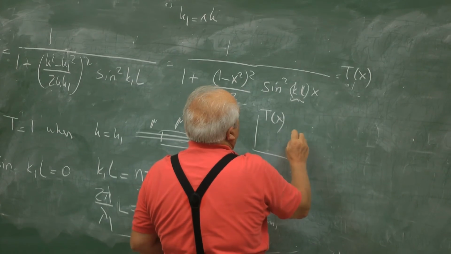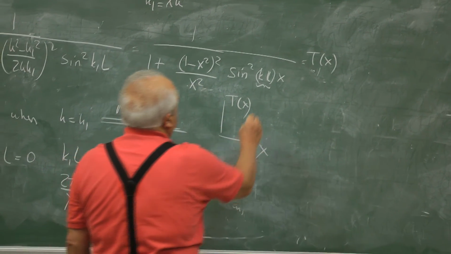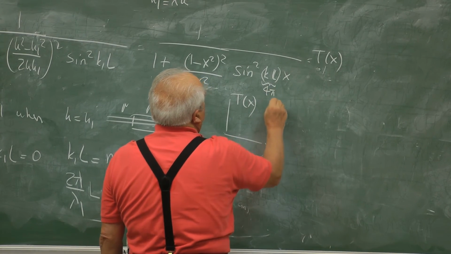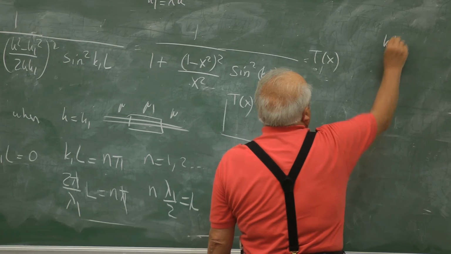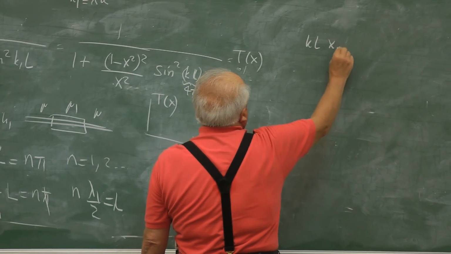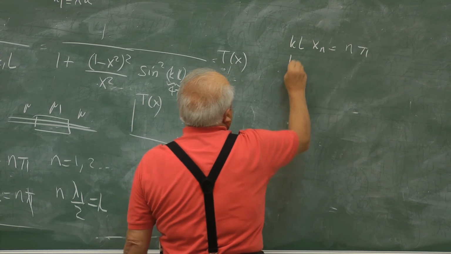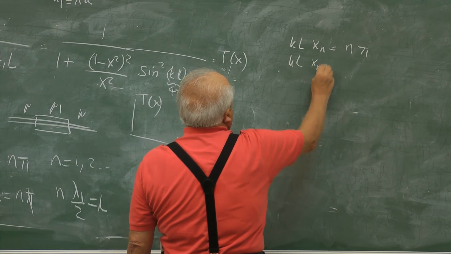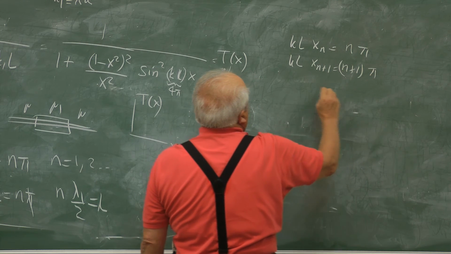Roughly, let's say KL is 4 pi. And KL x n is equal to n pi. That makes 0. Let's take the next one, n plus 1 pi.